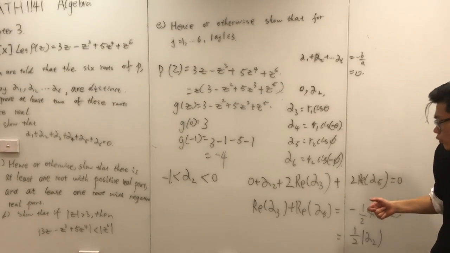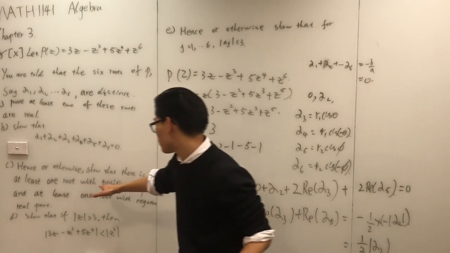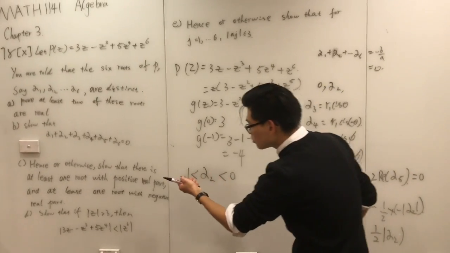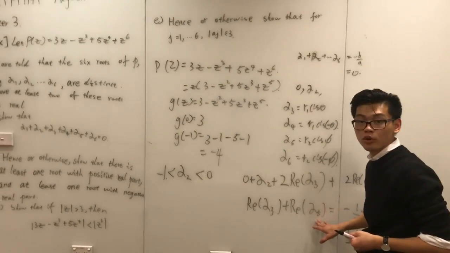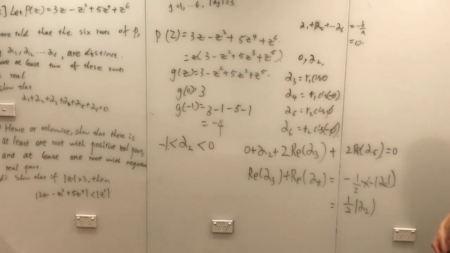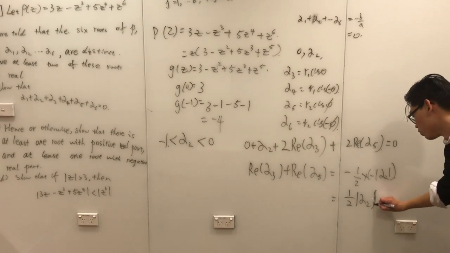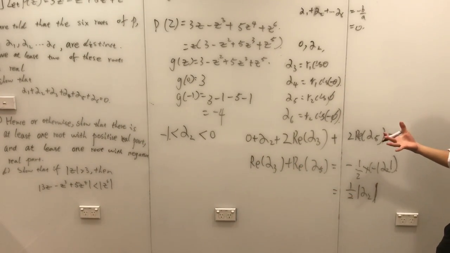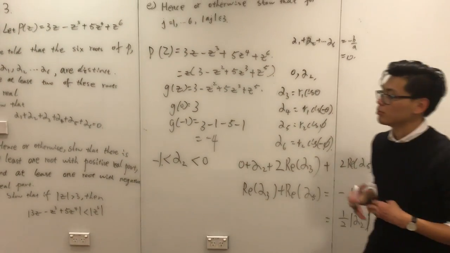So we prove the question, because they say at least one root with positive real part and at least one root with negative real part. So positive real part and negative real part, or negative real part and positive real part. Why? Because half the absolute value of alpha 2 has to be positive, and the real parts of alpha 3 and alpha 5 can't be 0. So one has to be positive, one negative. So we prove part C.